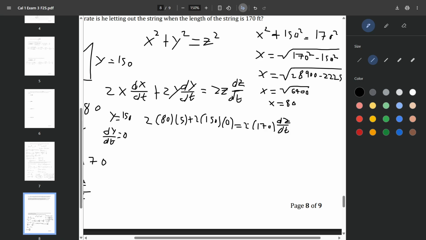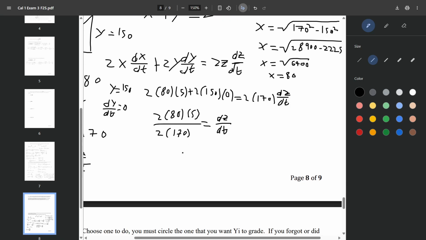And now all we have to do is divide both sides by 2 times 170. And the 2 times 150 times 0 we're going to exclude because all of this is equal to 0. So we're going to have 2 times 80 times 5 over 2 times 170 equals dz over dt.